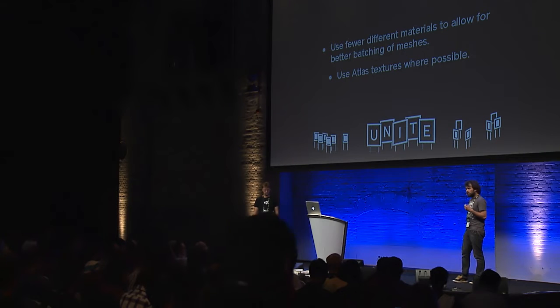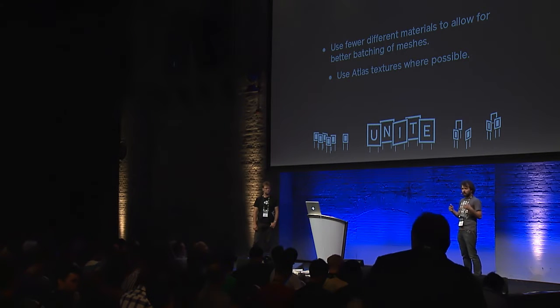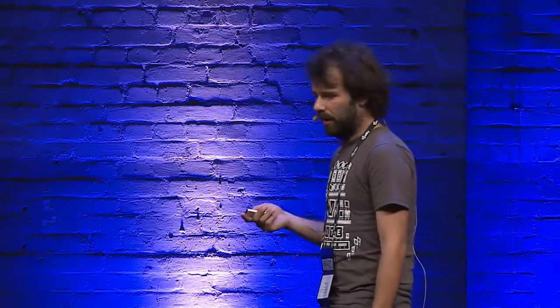Instead of having lots and lots of small objects and each of them has its own texture, you can just generate big atlas textures where you combine all these textures into one texture and use those for your materials. That way you can ensure that Unity can do the best job possible on batching.